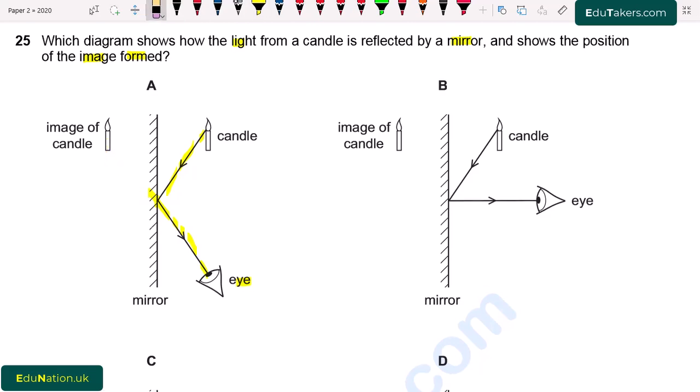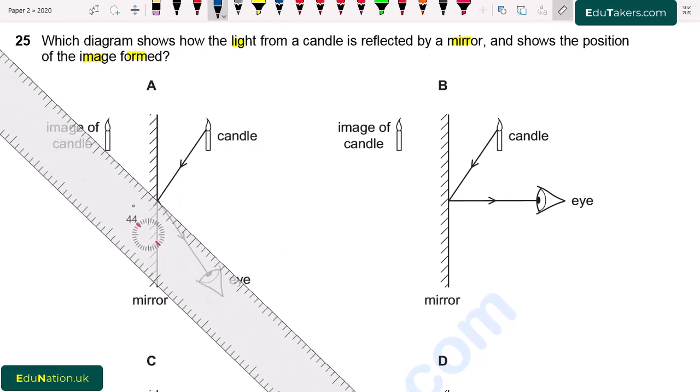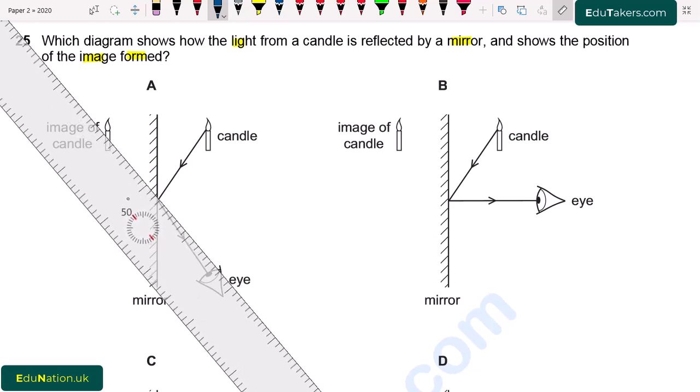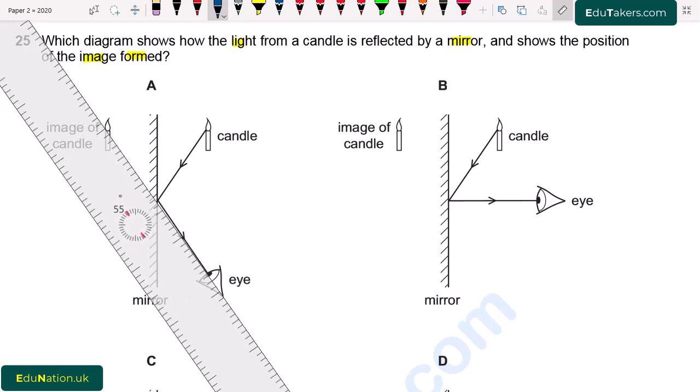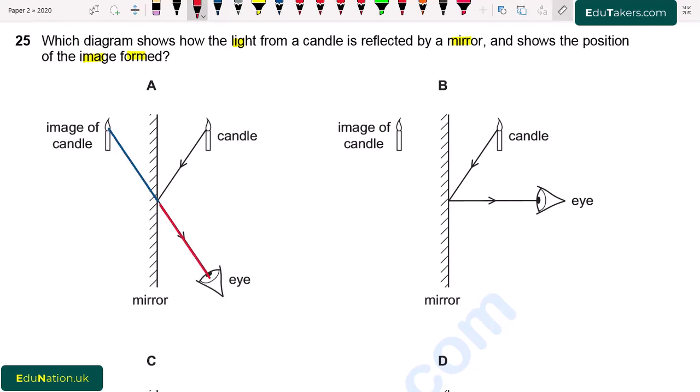First of all, I draw a diagram here. Using a ruler, I make a line. So this is the image that is shown by the blue line, while the red line actually shows that the eye is used to see this image.